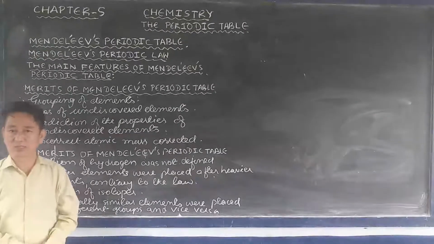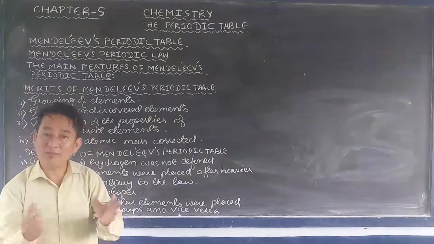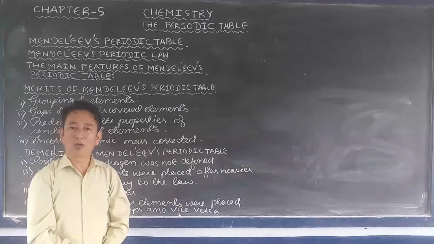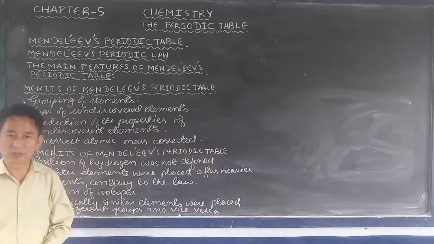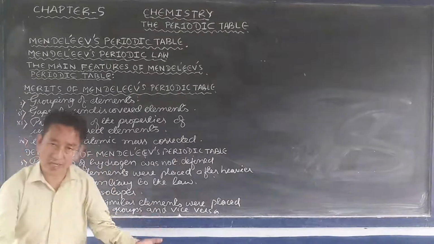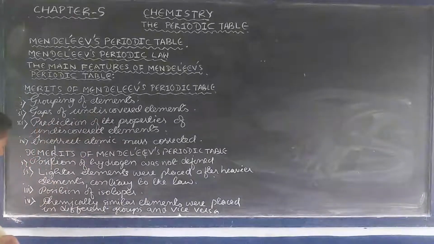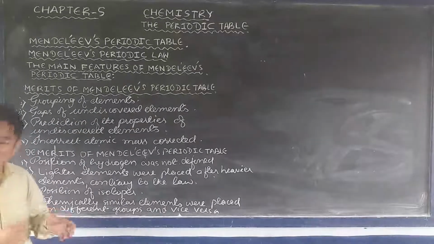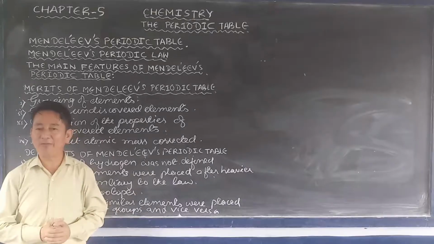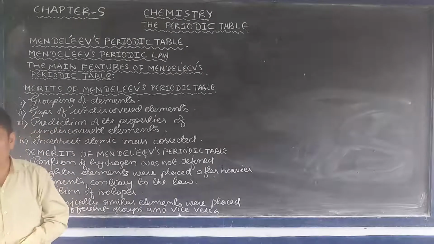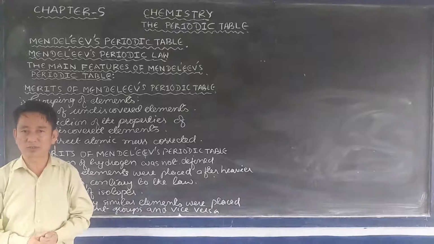And elements which have similar properties, like gold and platinum, are placed in different groups. Also, his table did not reflect the electronic configuration of the atoms.